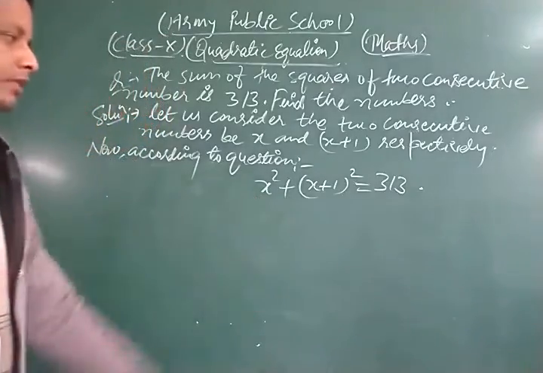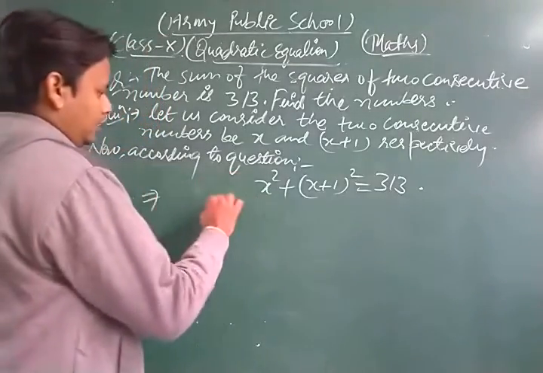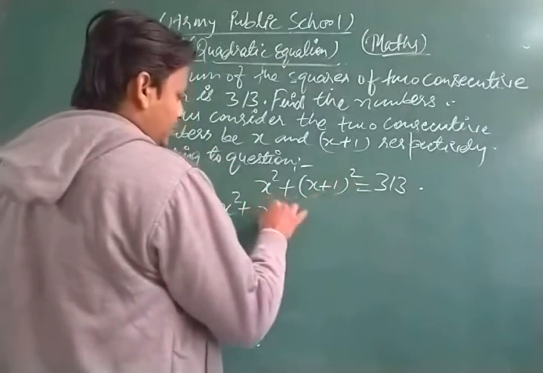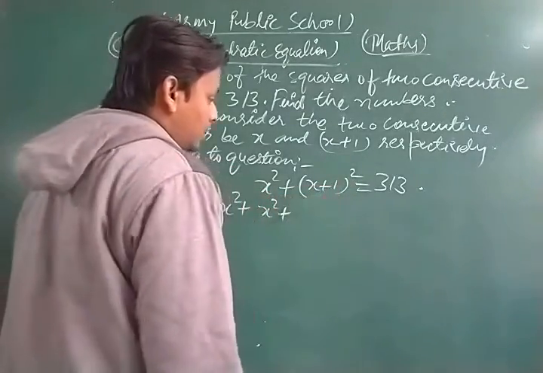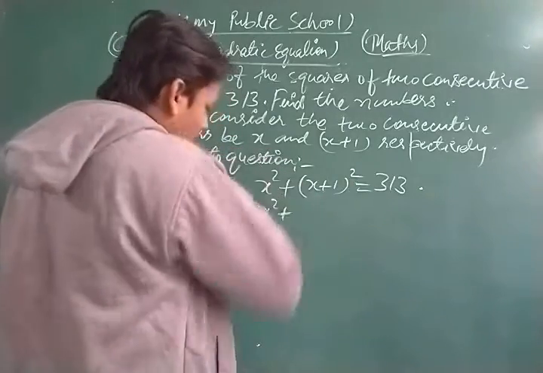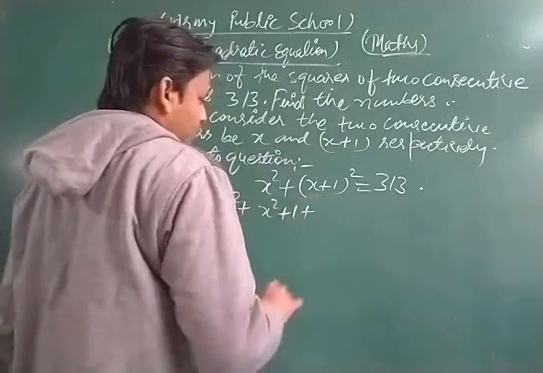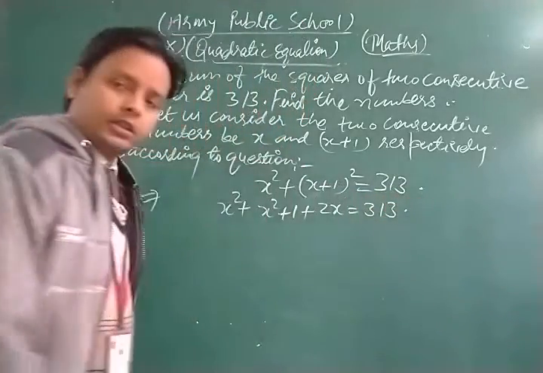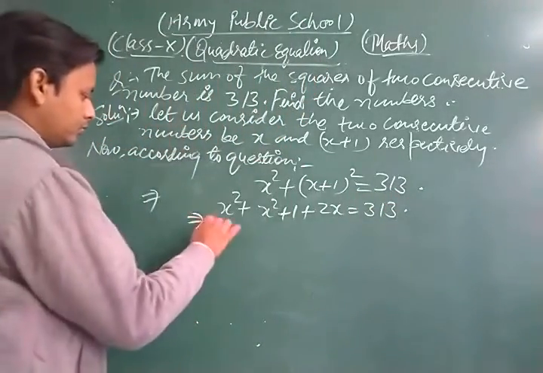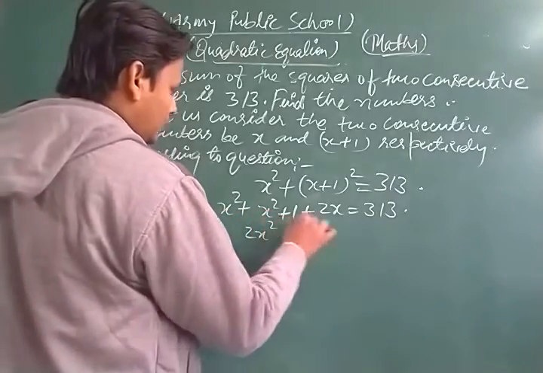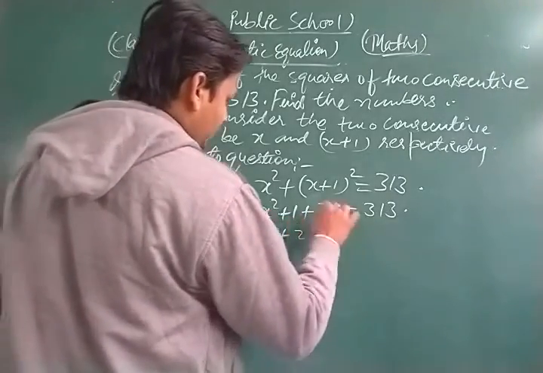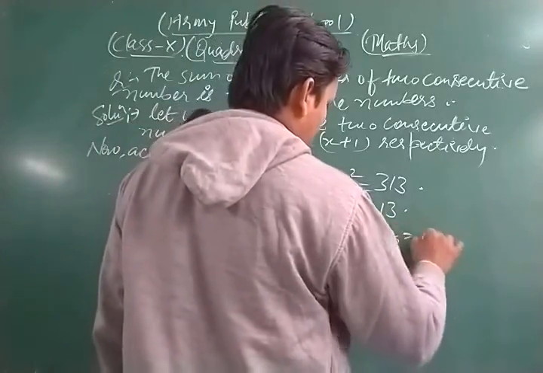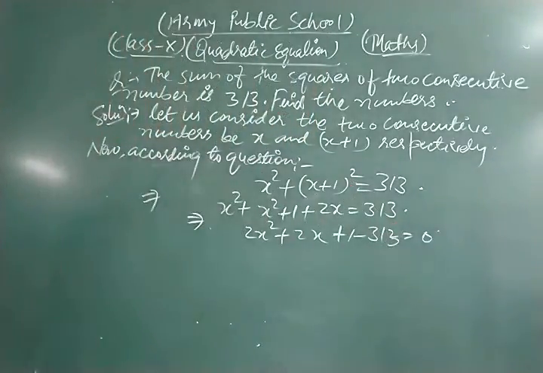Now we simplify the given expression: x square as it is, plus (x plus 1) whole square. Using a plus b whole square equals a square plus b square plus 2ab, this gives x square plus 1 plus 2x, equal to 313. So we get 2x square plus 2x plus 1, and transferring 313 to the other side, minus 313 is equal to 0.